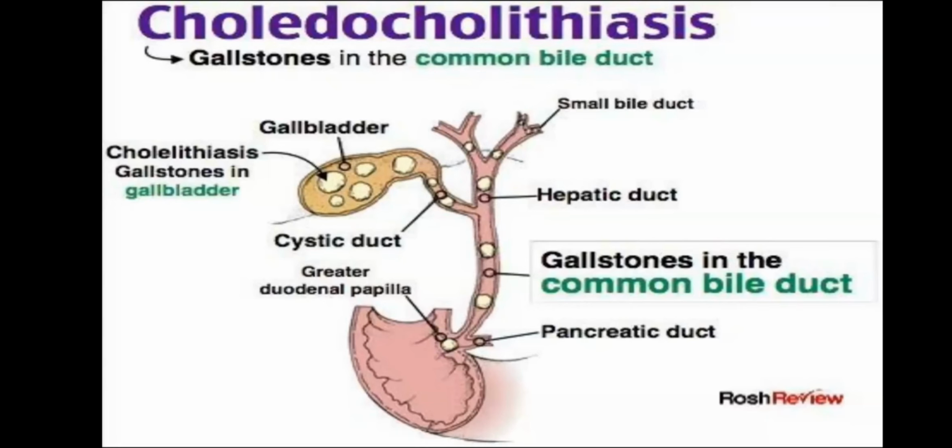Next is choledocholithiasis. Choledocholithiasis means stones in the common bile duct and the biliary tree. In addition to gallstones, there can be stones present in the CBD, common bile duct, and the biliary tree, and that condition is called choledocholithiasis.